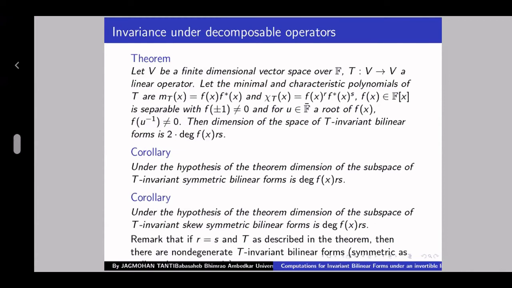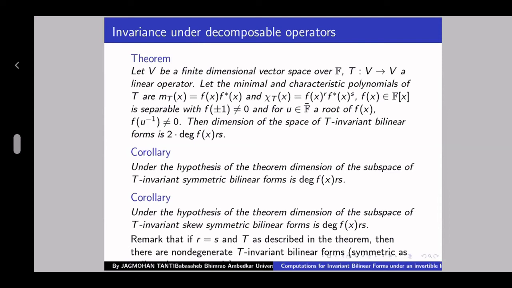So f star of x is the reciprocal of f of x, and the characteristic polynomial is f of x to the power r, f star of x to the power s. So we are putting together the polynomial factors and their reciprocals. This was the idea.